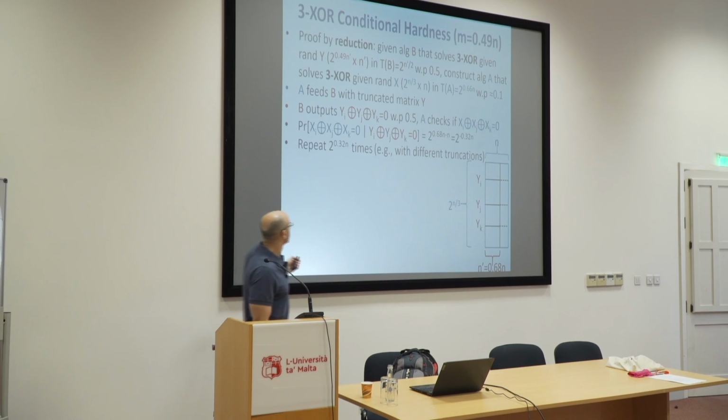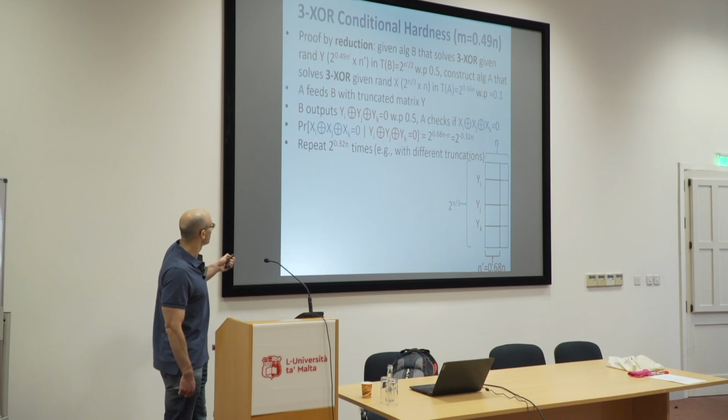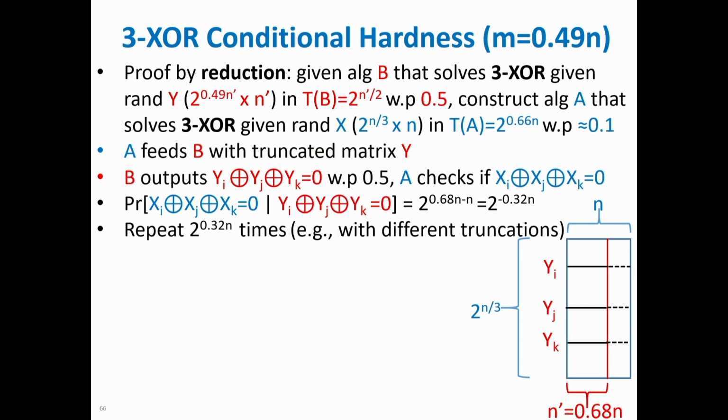So we're going to apply this black box, not exactly, but 2 to the 0.32n times, for example with different truncations. We truncate it once with the left columns, maybe we try the right columns, we try other columns, etc.